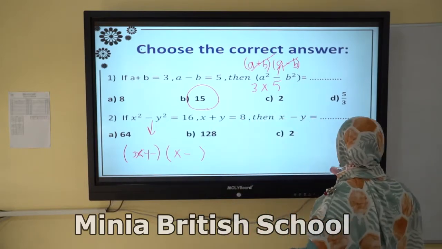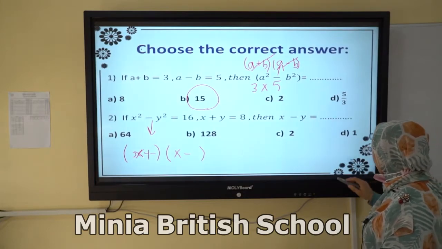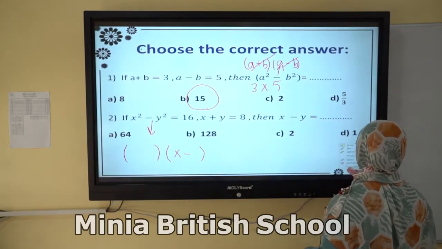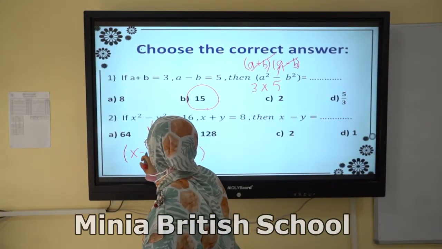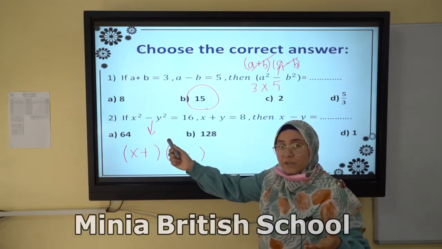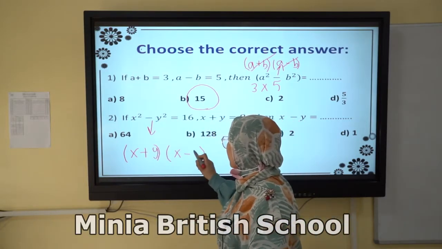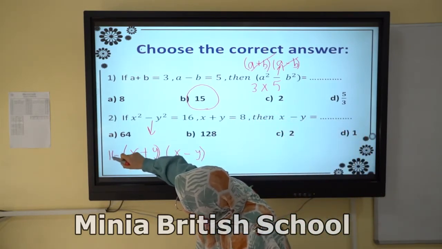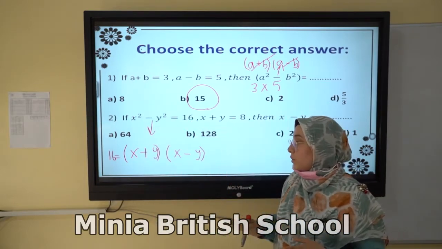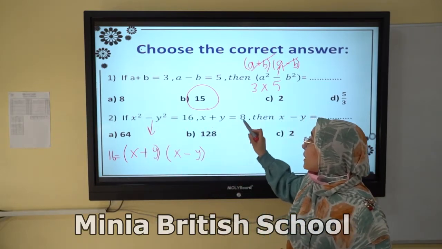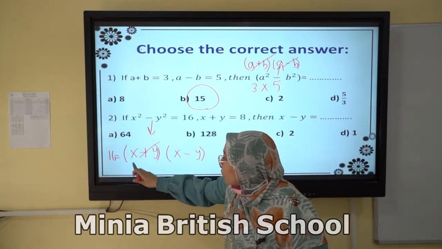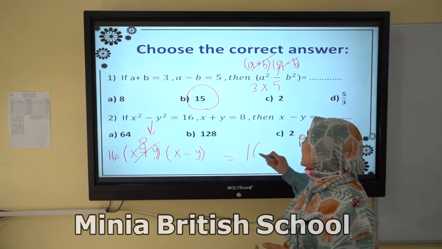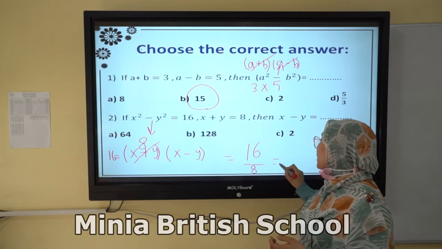The square root of the second term, y power 2, equals y, and also here y. The value of this expression, x power 2 minus y power 2, equals 16, and the value of x plus y equals 8, so you can replace it with 8. Then x minus y equals 16 divided by 8, which equals 2.